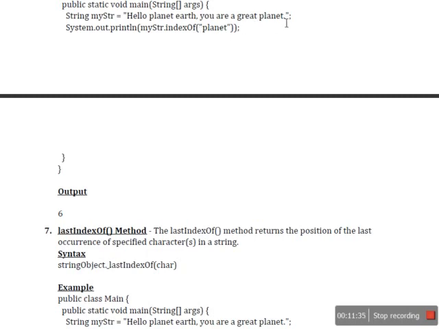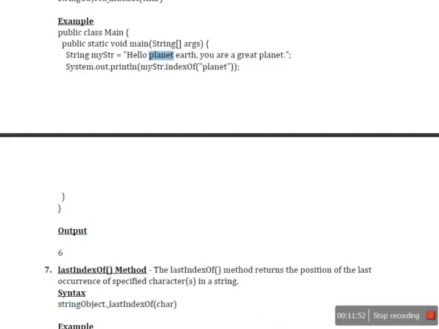In this we are searching for system.out.println mystr.indexOf planet. When the word planet first appears in this whole string, you will return the index number.